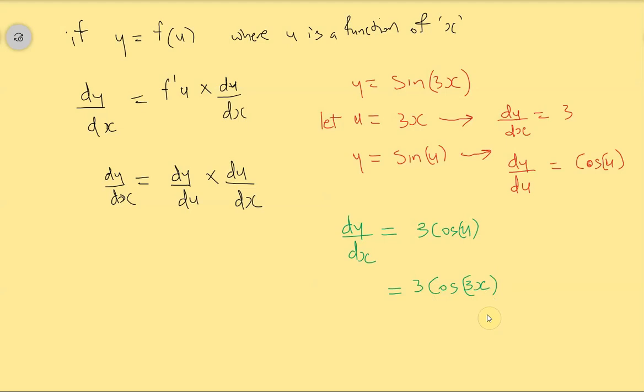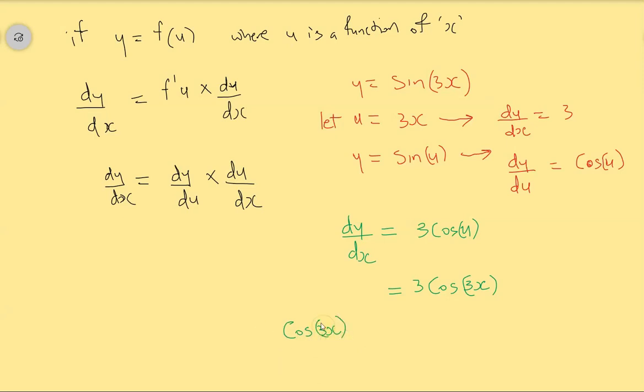Now there is a shortened way to look at this. Basically, you can say that dy/dx of sine 3x, you just differentiate sine normally. So if you differentiate sine, you get cos. If you differentiate sine 3x, you're supposed to get cos 3x, right?